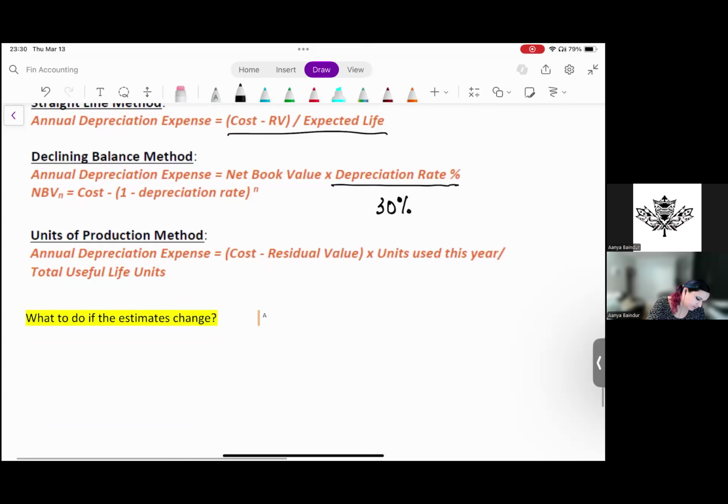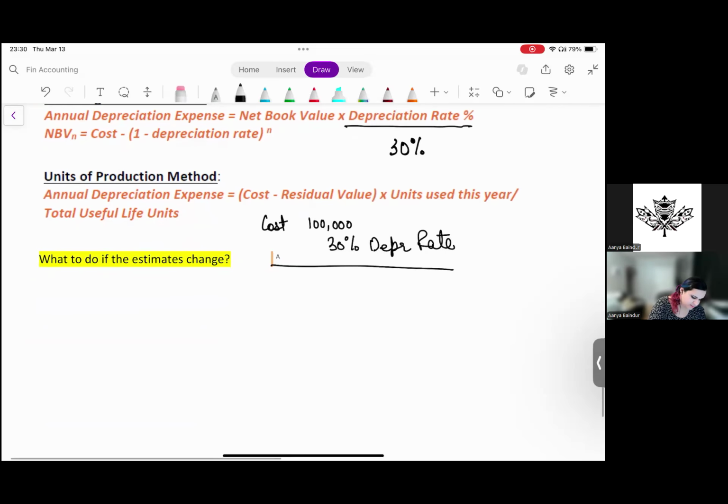So imagine, let's take an easier value, 100,000. 100,000 is the value that we start with. This is the cost. And let's say we're going to use a 30% depreciation rate. Then at the end of the first year, our annual depreciation will be equal to 30% of this.